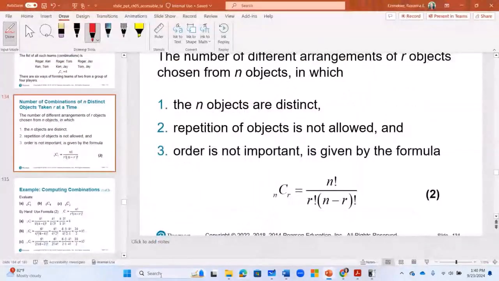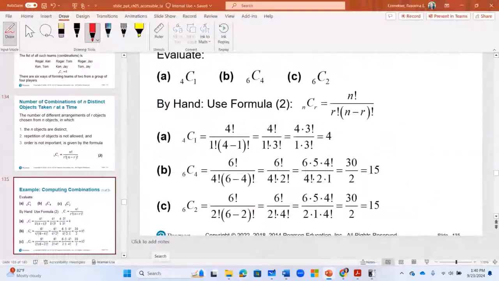a question. Let's go to this. So see, you can practice it by hand. I hope you see that if you can practice it by hand, you already know it. So for combination, 1 is 4 factorial over 1 factorial times 4 minus 1 factorial.